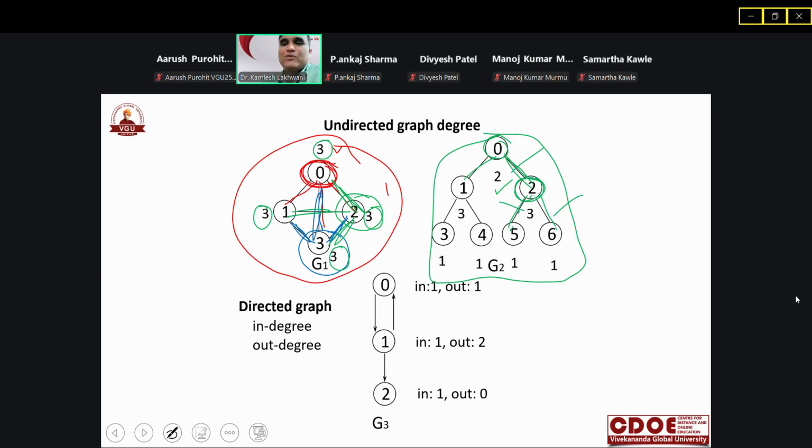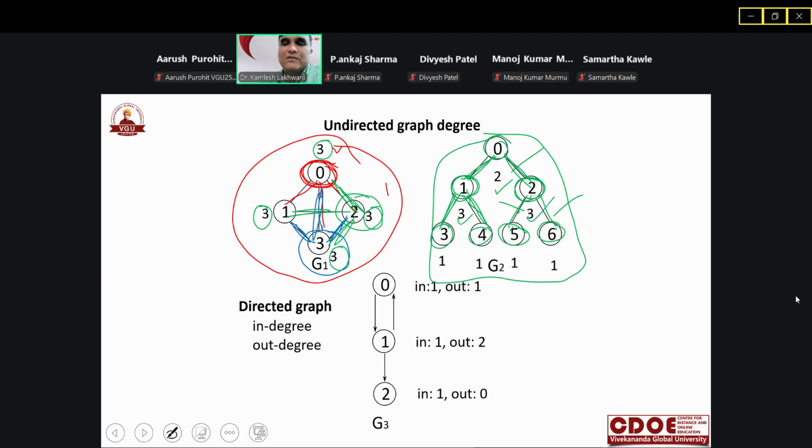Similarly, the degree of 6 is 1, of 5 is 1, of 4 is 1, of 3 is 1, but the degree of 1 is 3 because it is connected with 3 different edges: 1 to 0, 1 to 4 and 1 to 3. Therefore, the degree of node 1 is 3.